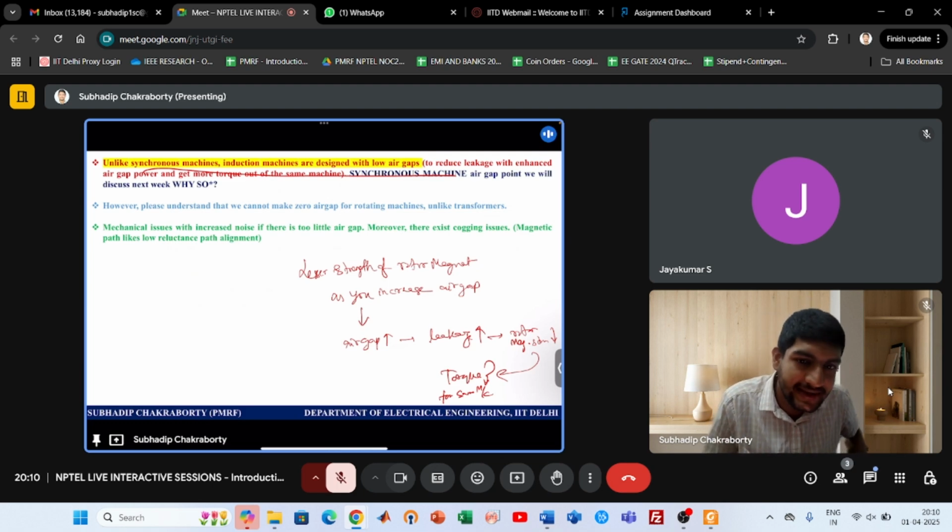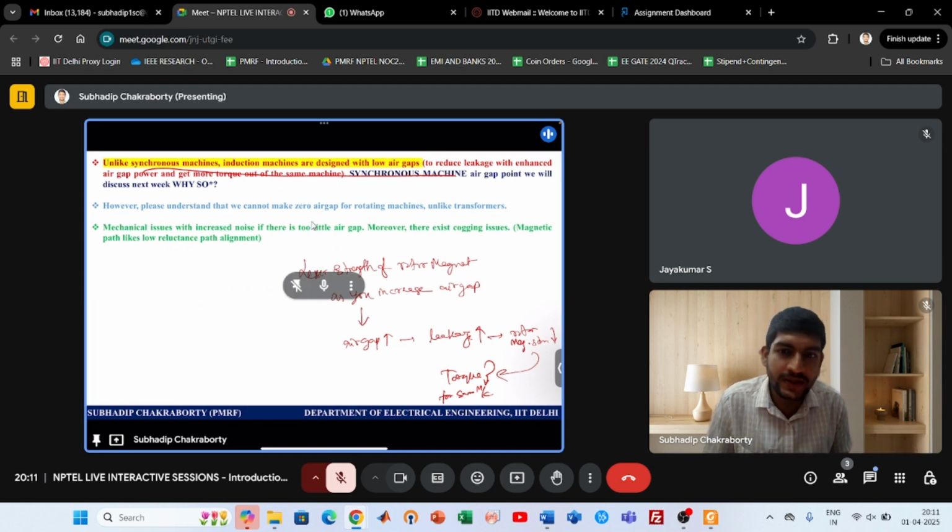There will be high friction, right? You don't want it. And also you need to produce the torque, so you cannot make it zero or completely large. Then you cannot get torque. So on both sides you have constraints, right? That's how.